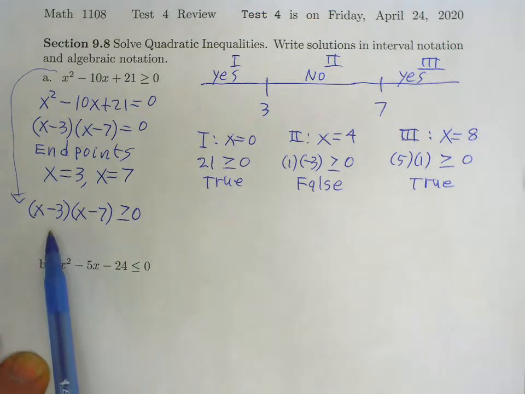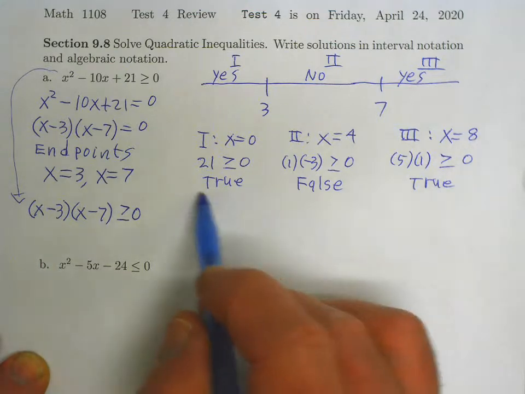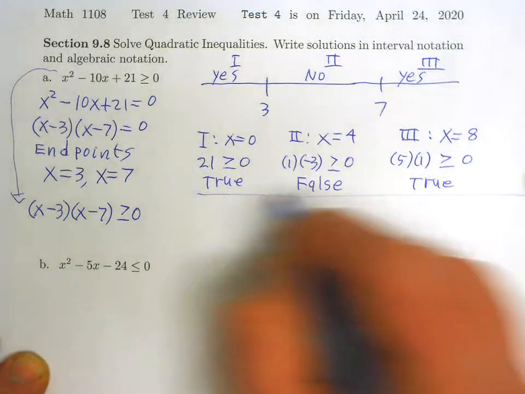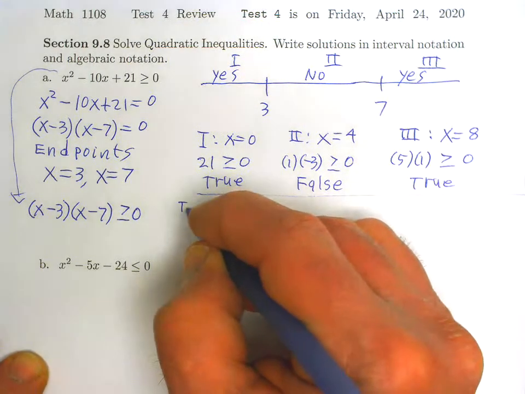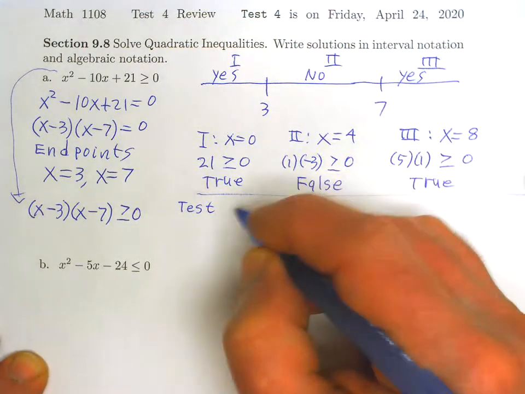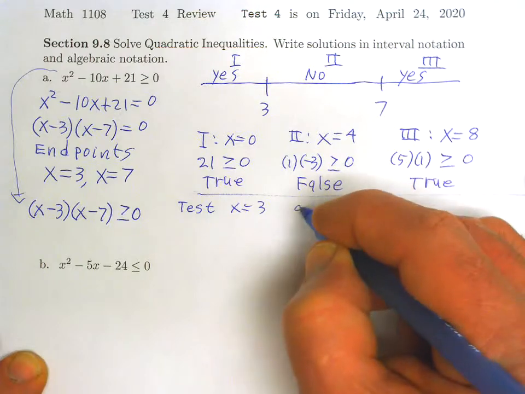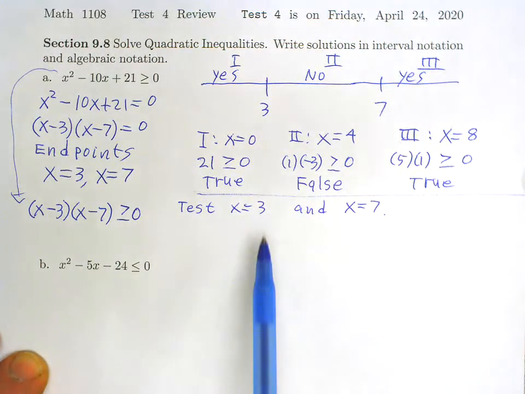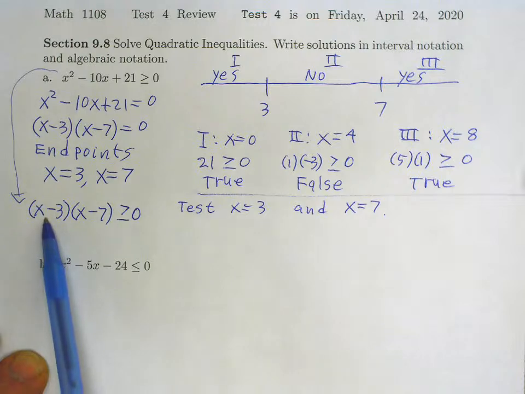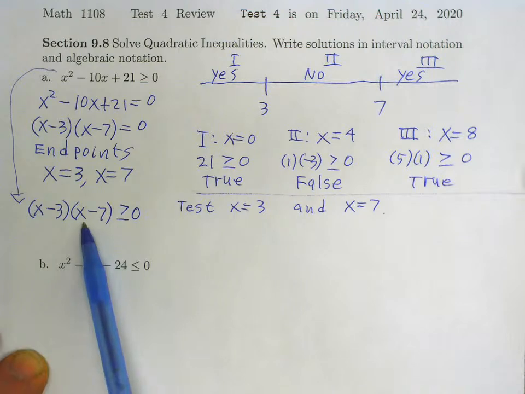We include the endpoints. Oftentimes I don't test the endpoints, but let's just test x equals 3 and x equals 7. Okay, in the factored form, when you test 3, 3 minus 3 is 0. And 3 minus 7 is negative 4, but 0 times negative 4 is 0.